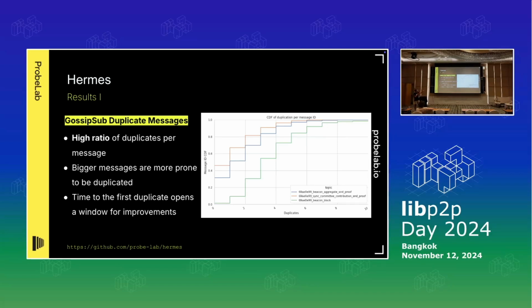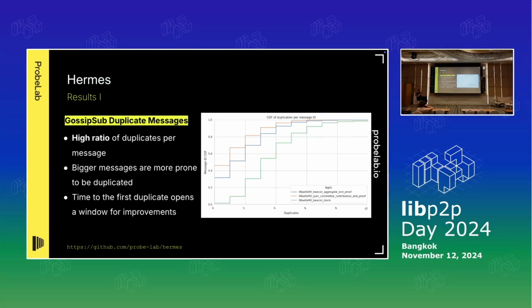You can see here on the right-hand side, on the x-axis, the number of duplicate messages, and on the y-axis, the CDF of how many messages we actually have received twice, 3 times, 4 times, and so on, for different topics in this Ethereum network. The green line corresponds to a topic which submits quite large messages, and this is also the worst line in terms of how many duplicates we receive. So this is also the second bullet point: bigger messages are more prone to be duplicated.